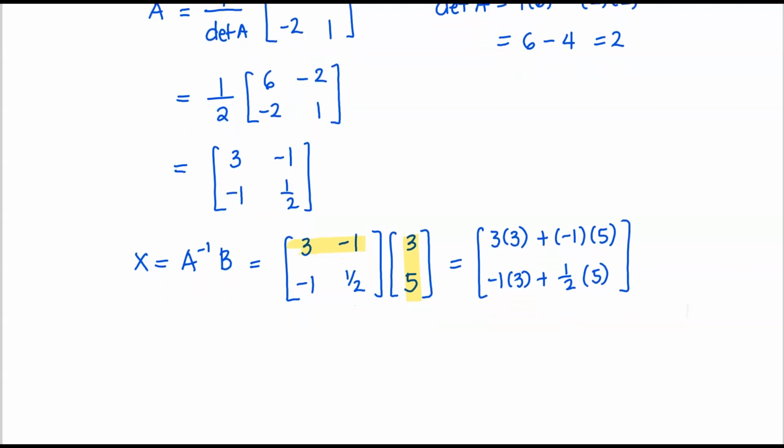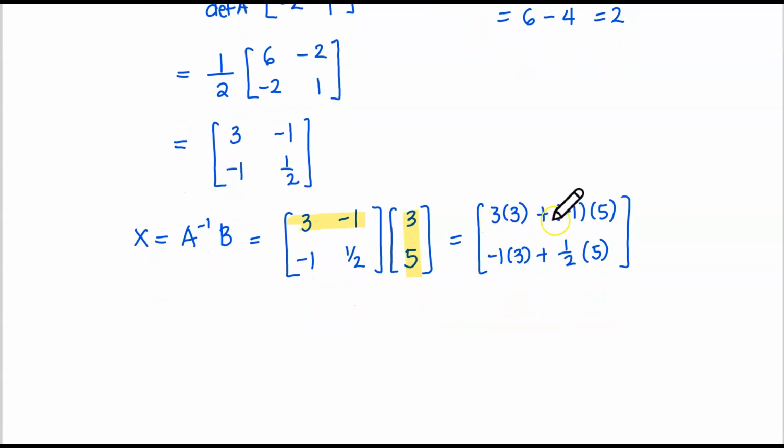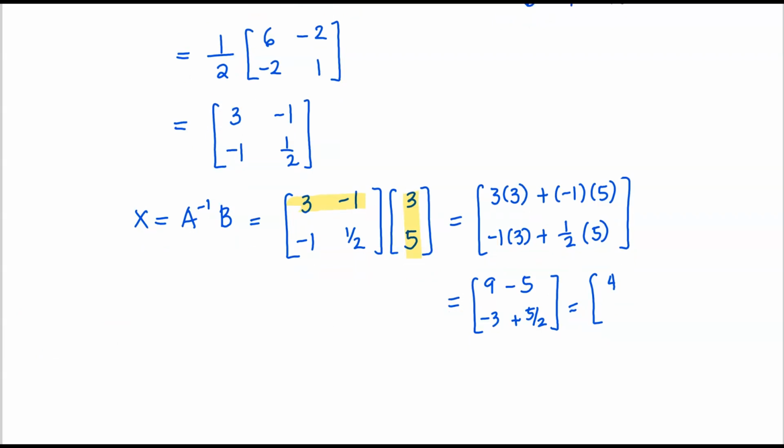And then you simplify. So you have 3 times 3 is 9. And then -1 times 5 is -5. So you have 9 minus 5, and then negative 3 plus 5 over 2. 9 minus 5 is positive 4, and negative 3 plus 5 over 2 is negative 1/2.